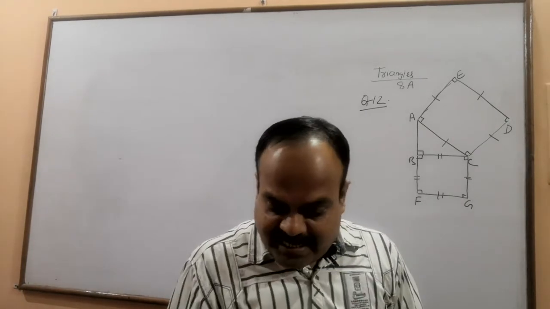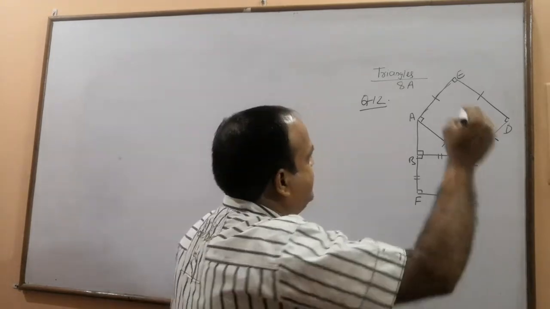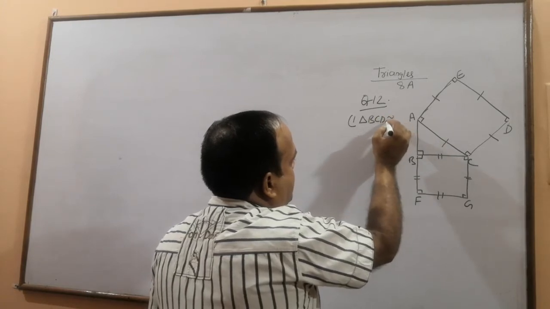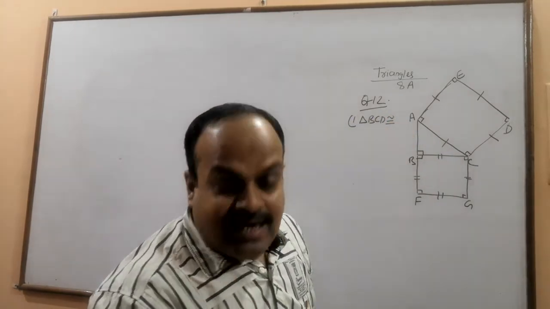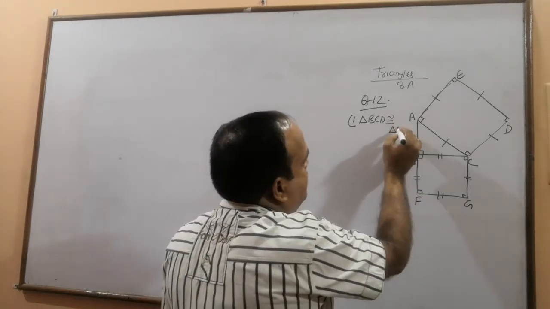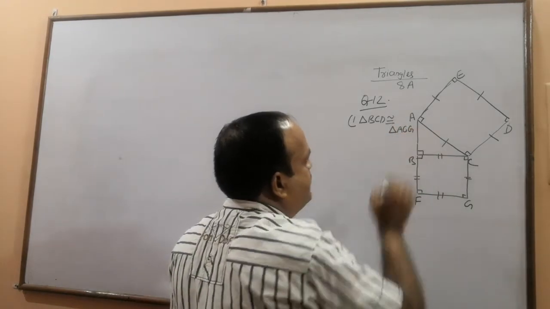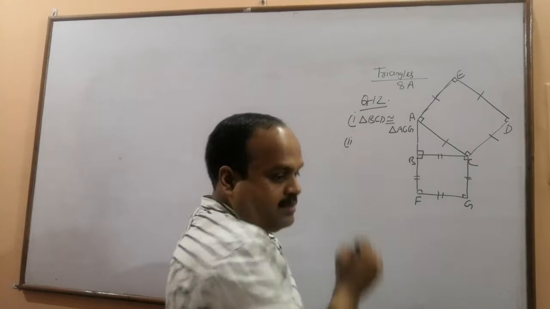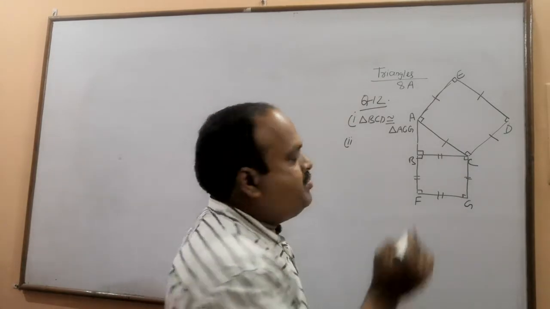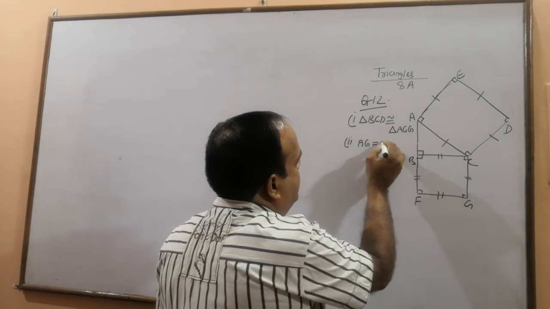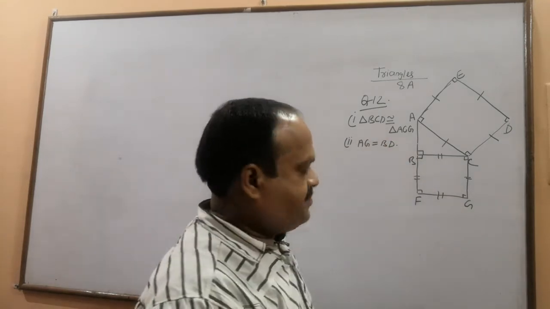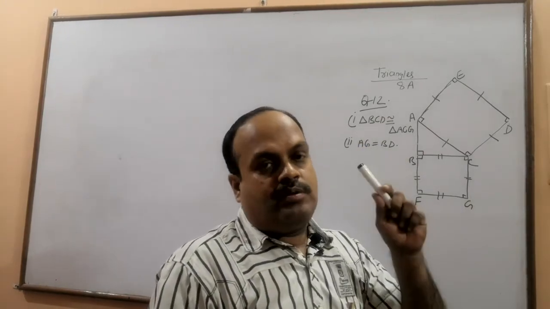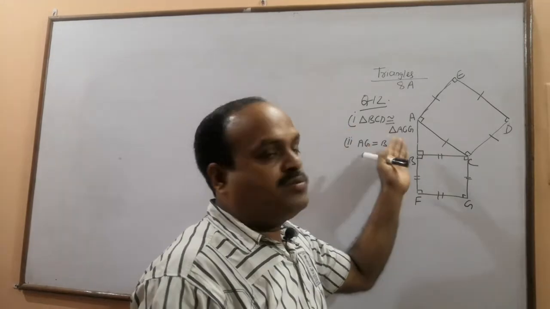In this diagram, prove that first one, triangle BCD is congruent to triangle ACG. Second part, AG equals to BD. So these two triangles we have to prove congruent. Let us get these two triangles in the diagram.